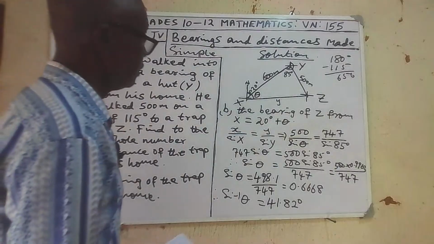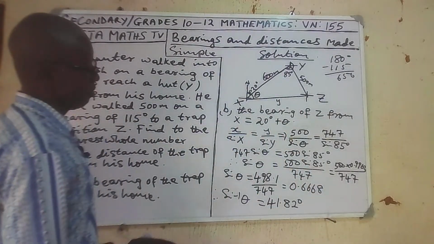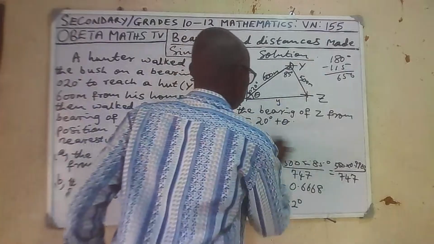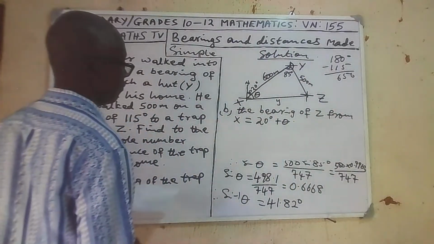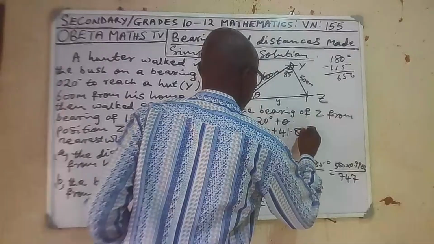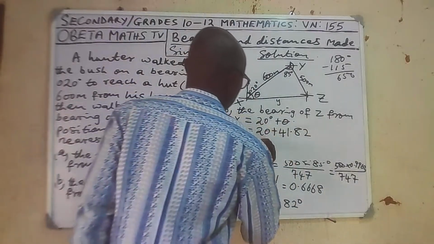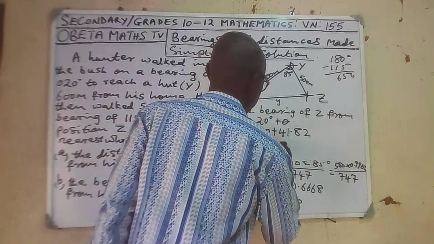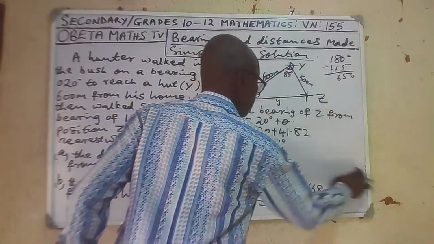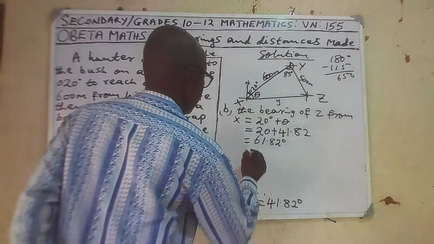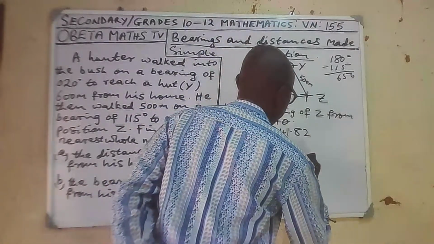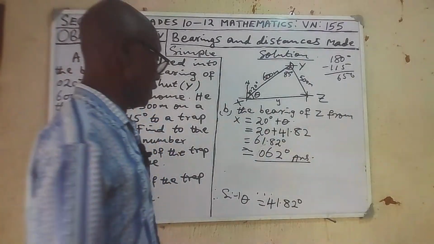We have succeeded in getting theta, so we add it: 20 plus 41.82 gives us 61.82 degrees, which is approximately equal to 062 degrees. So that is the answer to that.